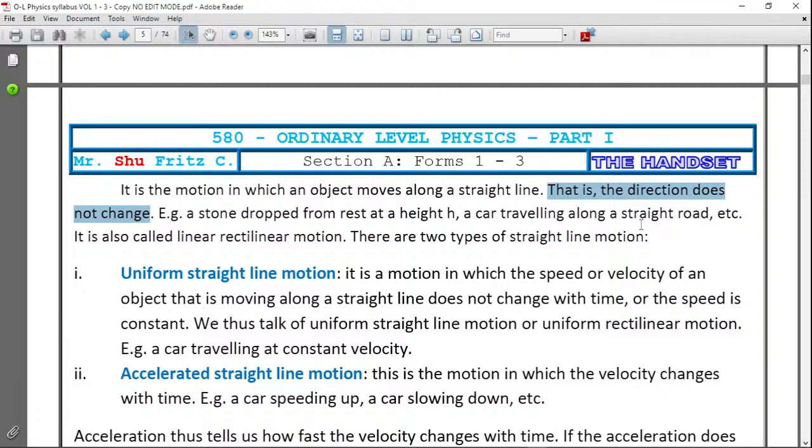When you talk about uniform straight line motion, it means that the object is moving with a constant velocity. The emphasis here is that the velocity is constant, because if the velocity is constant, then the acceleration will be 0.